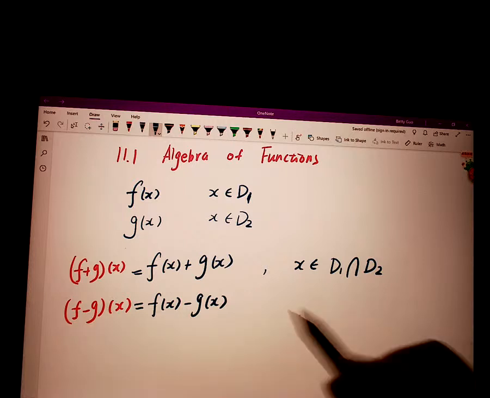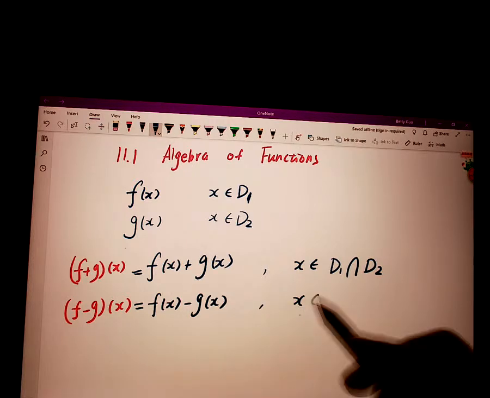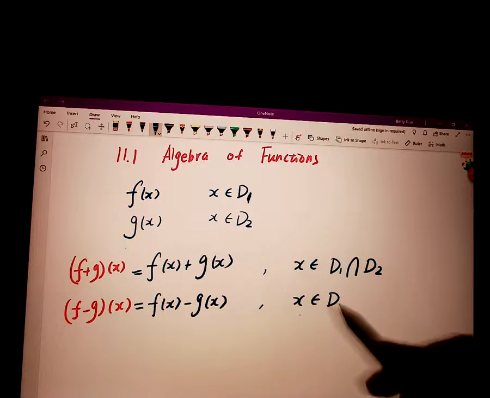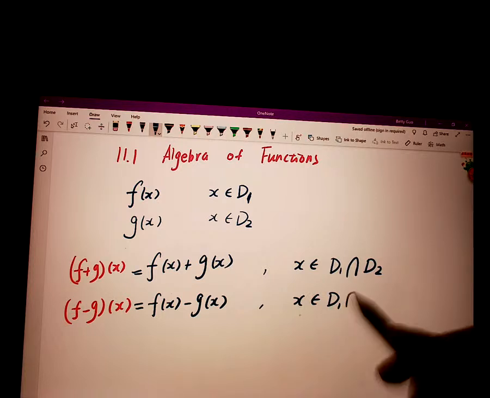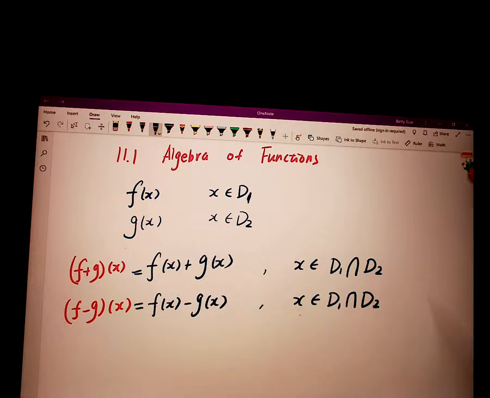This function has a domain as the intersection of D1 and D2. Same idea. In order for the subtraction function or difference function to be well-defined, we require both functions well-defined. So as x is inside the intersection of the two domains, we guarantee the difference function is well-defined.